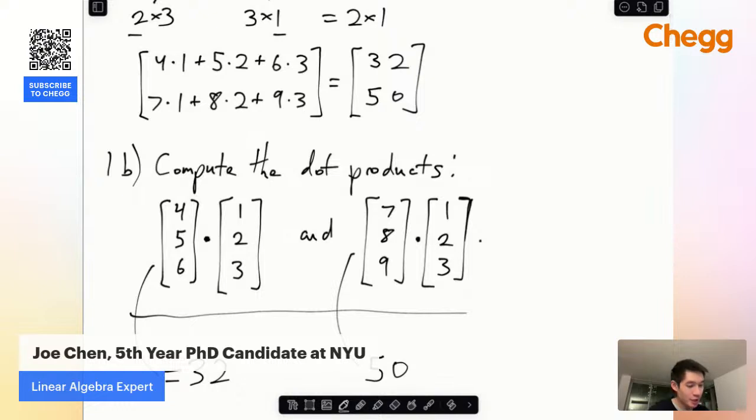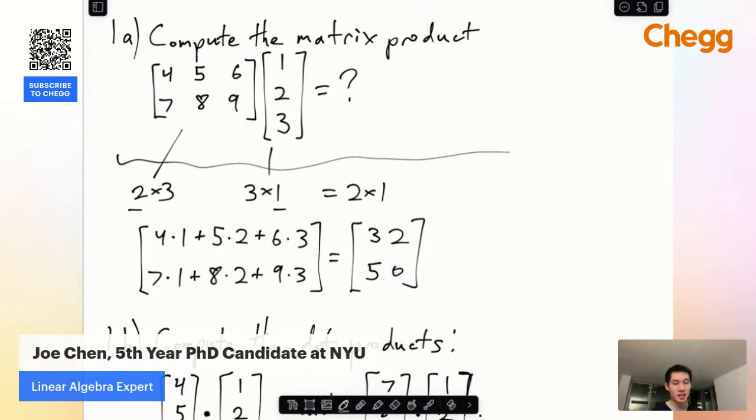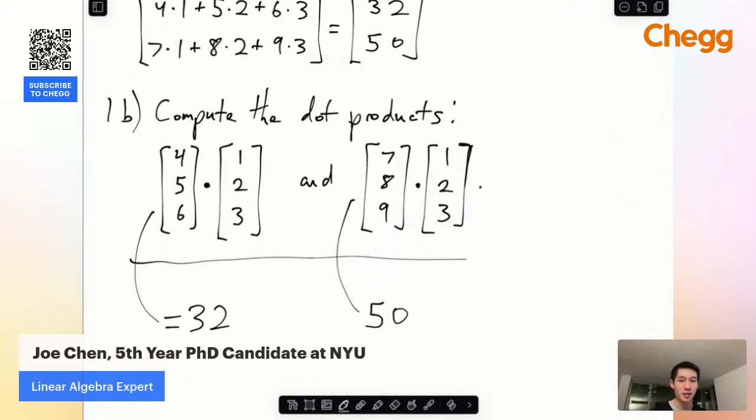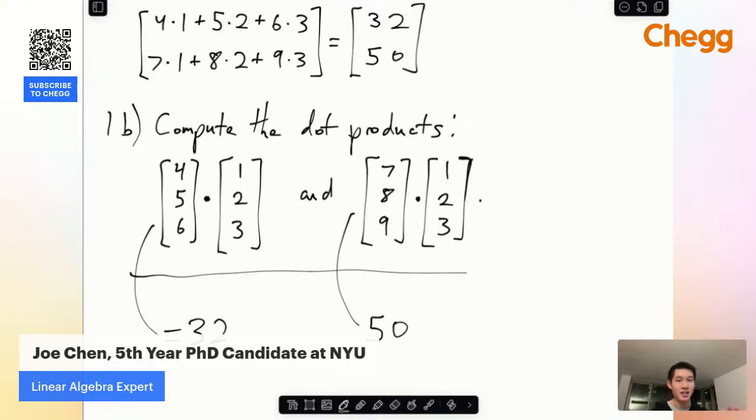This is an interesting fact from the definition of matrix multiplication, because it also ties this together with the concept of orthogonality. If you remember, what does it mean for two vectors to have a dot product of 0? It means that if you were to draw them, they would be perpendicular to each other, or orthogonal to each other.